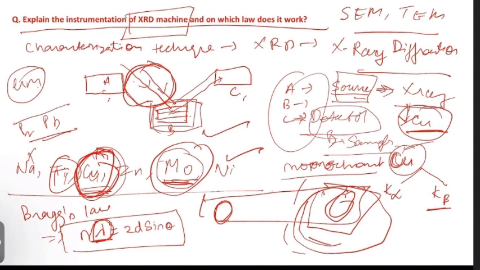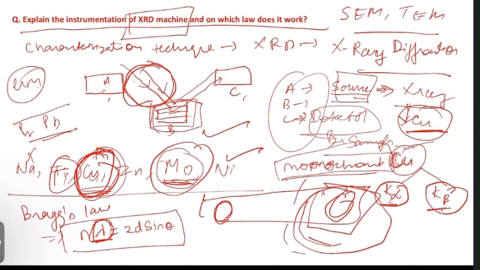Can you please explain once again? You told K alpha and K beta, but I haven't been given the answer for monochromatic. Yes, I'm explaining. When you use copper as an X-ray source, it gives two kinds of radiation, two wavelengths: one is K alpha and one is K beta.